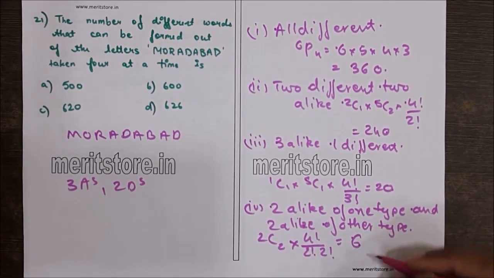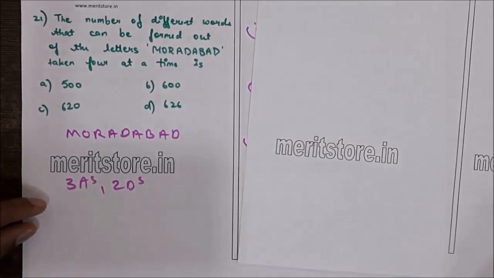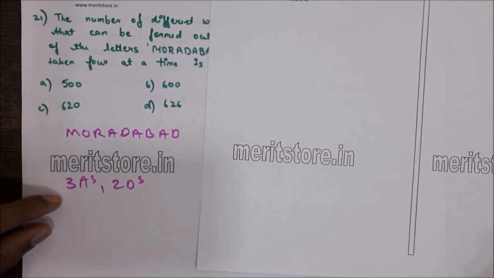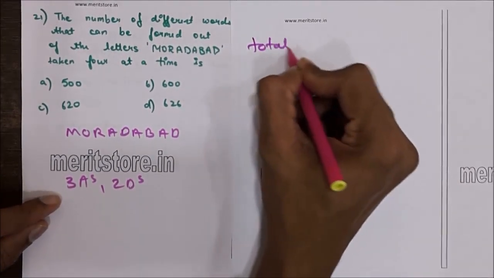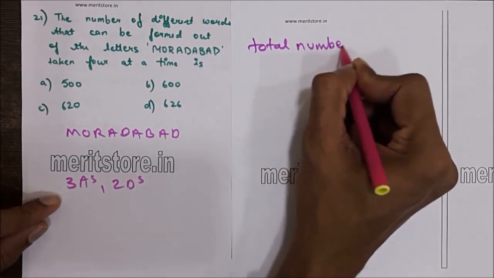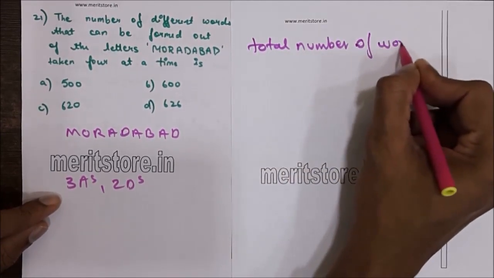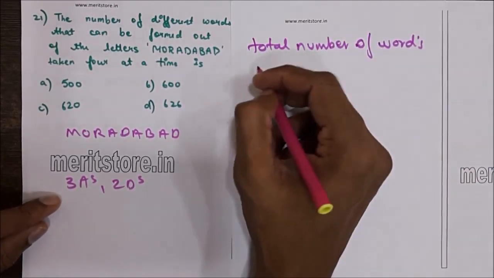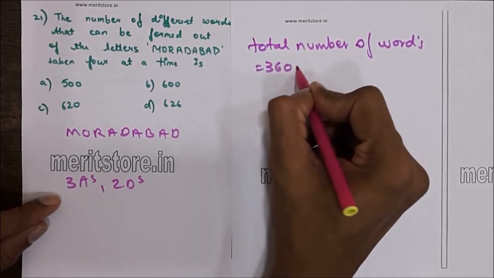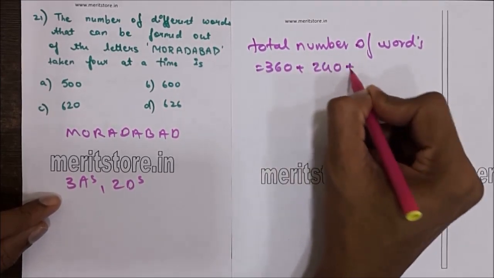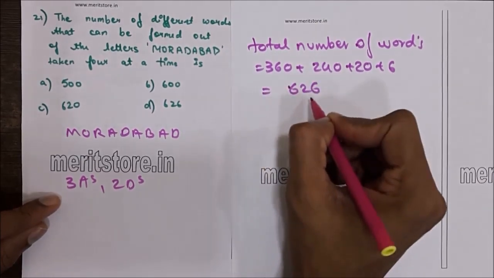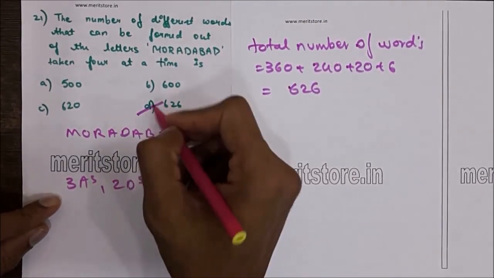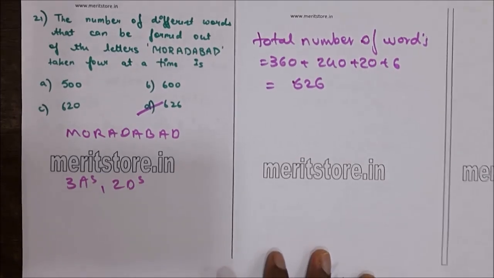Further solving this, the total number of words is 360 plus 240 plus 20 plus 6, which is equal to 626, which is our option D. Therefore, option D is the correct answer.